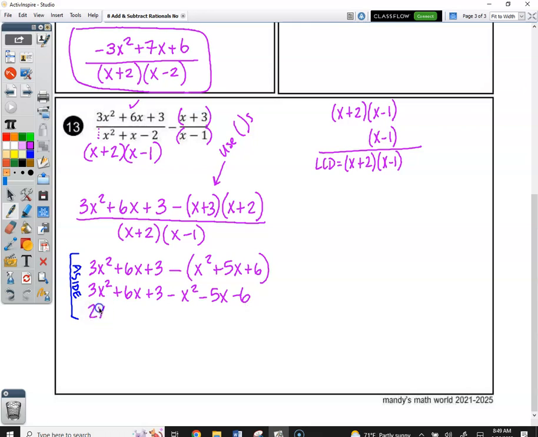That's 2x squared plus x minus 3. Okay, putting it back together in my fraction, we've got 2x squared plus x minus 3 over x plus 2, x minus 1.